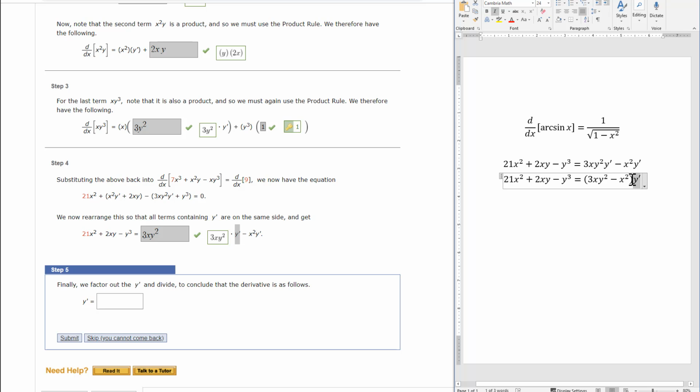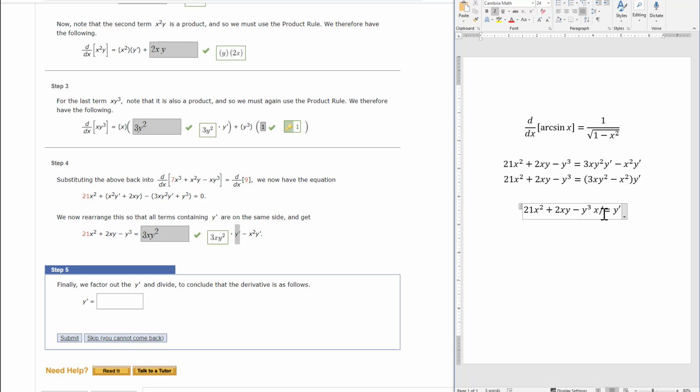All right, so the only thing left to do is to divide by this term, this 3xy squared minus x squared term. So if we divide that out, we're going to take this whole term and then put it as a fraction. So let me do this a little bit carefully.